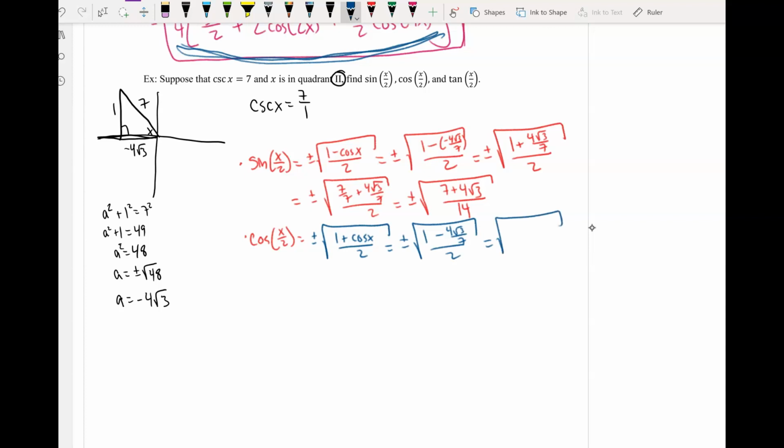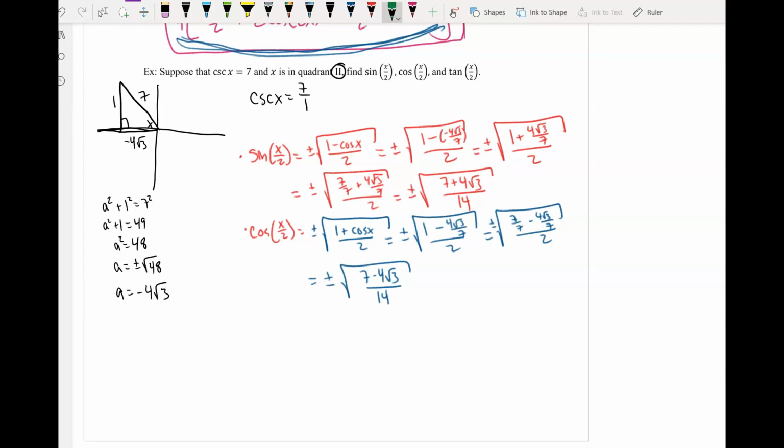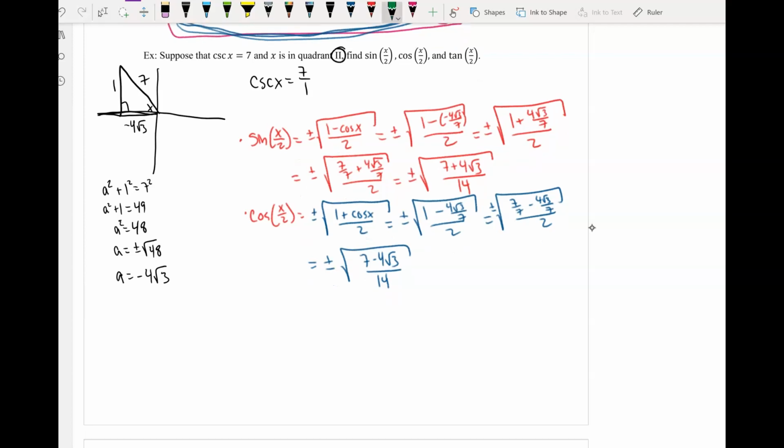If I wanted to reduce this a little bit more, I'll get 7 over 7 minus 4 square root of 3 over 7, over 2, which would then give me plus or minus square root of 7 minus 4 square root of 3 divided by 14. And now finally, let's take a look at the tangent of x over 2.